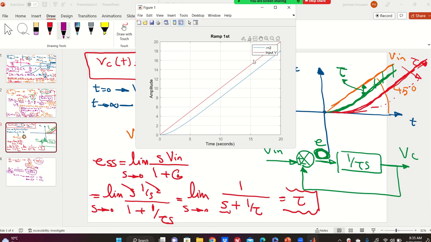Okay. So this is the ramp, and this is the response. See what I'm saying? The blue line is the response. Clear? Yeah, exactly. So this is for the time constant of 2.